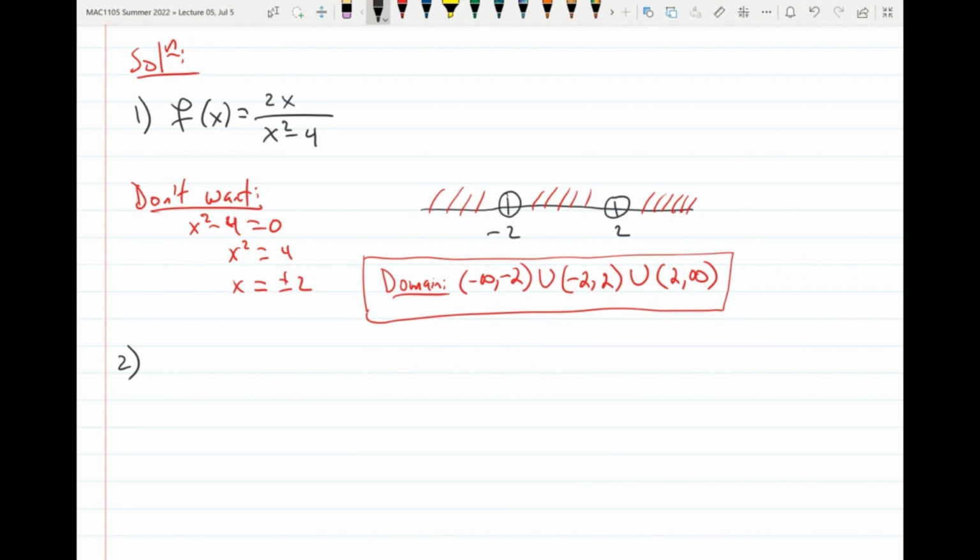All right, so the next one was f of x equals (2x squared plus 5x plus 9 minus 5x plus 9) over (x cubed plus 3x squared). So I'm going to give you a minute.